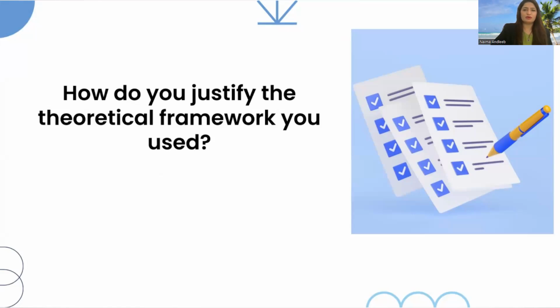Whatever theory you use, whether one theory or two integrated theories, you need to find out whether your framework is an operational framework or a conceptual framework, and what the theoretical justification for the framework was.